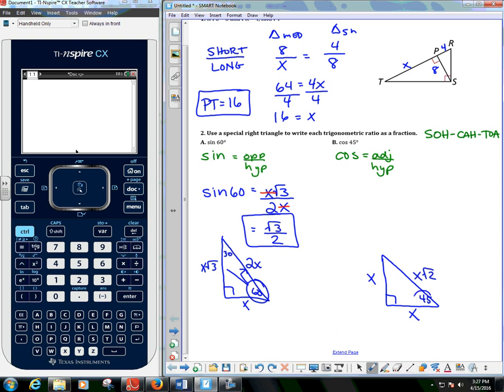So I look at everything in relationship to 45 degrees, and I know then that the cosine of 45 degrees equals x over x times the square root of 2. And in class, we reminded ourselves that we could cancel out these two x's, and then things fell apart. When you cancel that x on the top, you still have 1 on the top, and what you've got left is the square root of 2. And that is a perfectly fine answer.